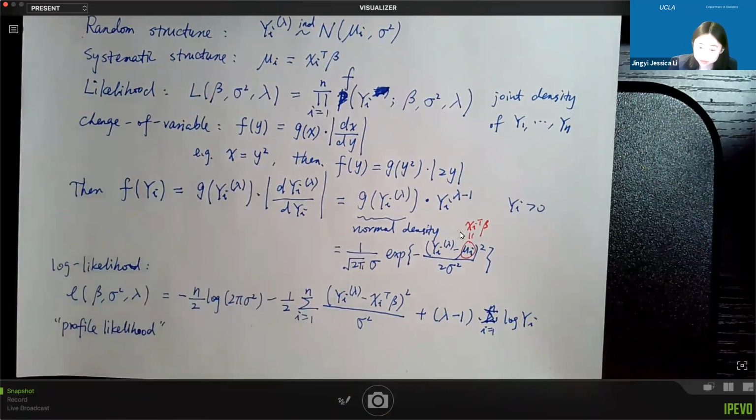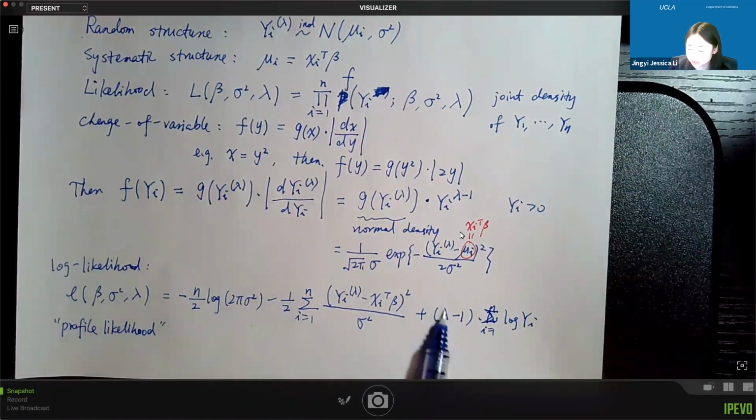By profile likelihood, it means that when we maximize the likelihood, we fix some parameters first and maximize the likelihood by searching for another set of parameters. So to be specific here, we don't consider lambda first. We just take it as any lambda value.